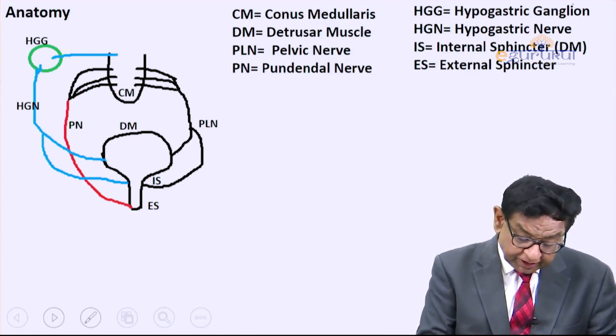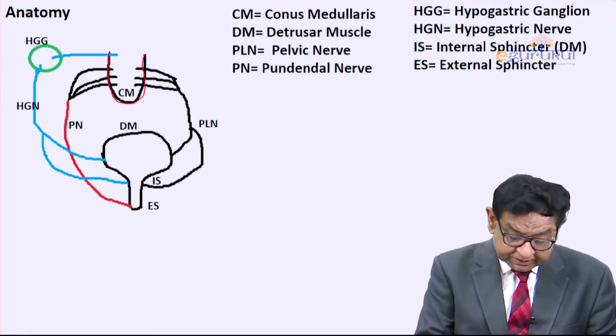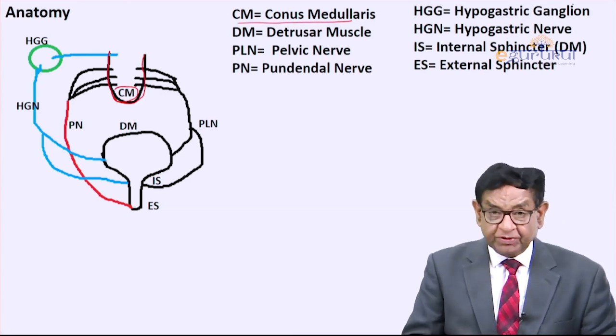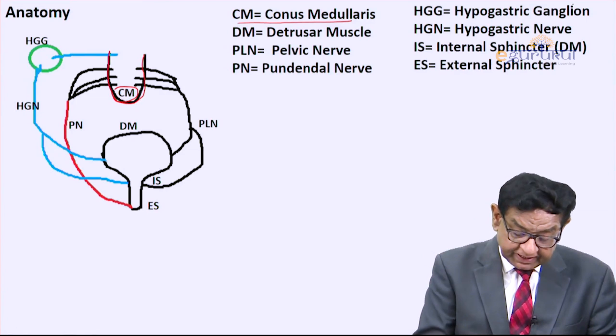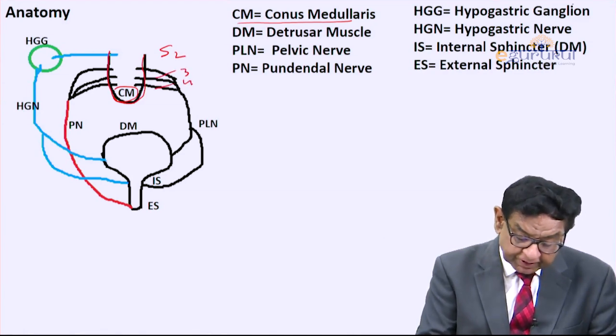So this is the lower end of the spinal cord, and this terminal part is the conus medullaris. From this conus medullaris arise roots from sacral roots S2, S3, S4.